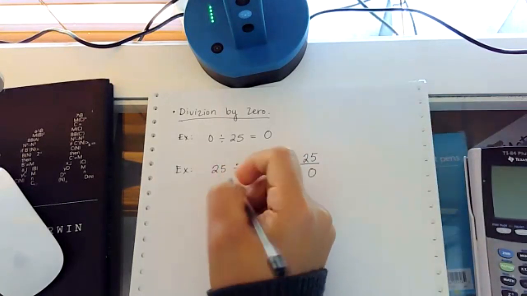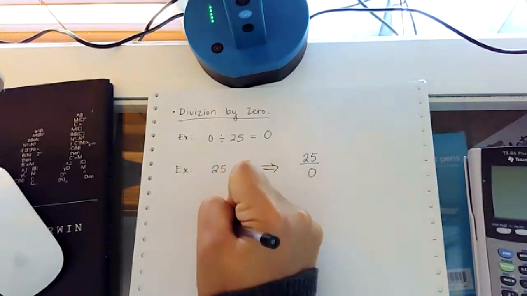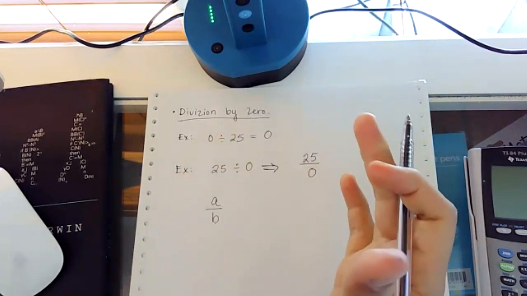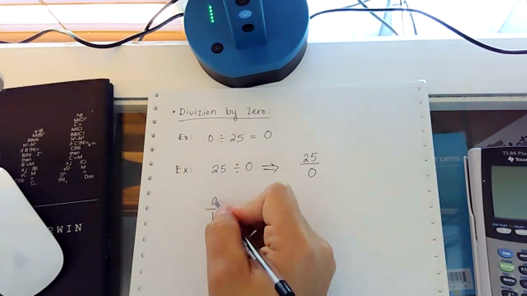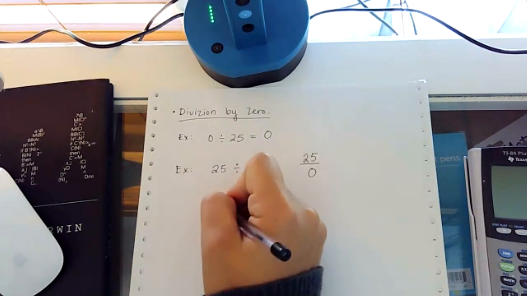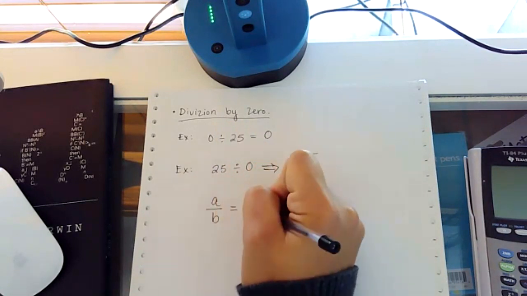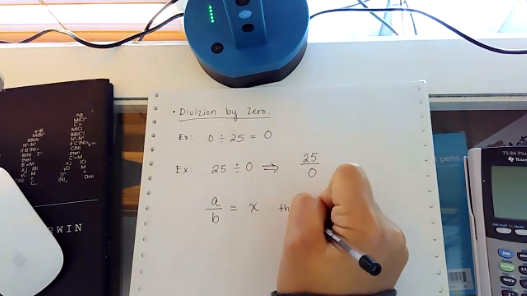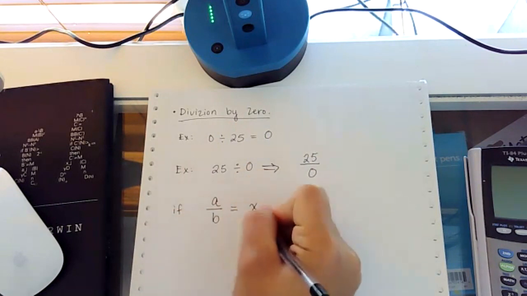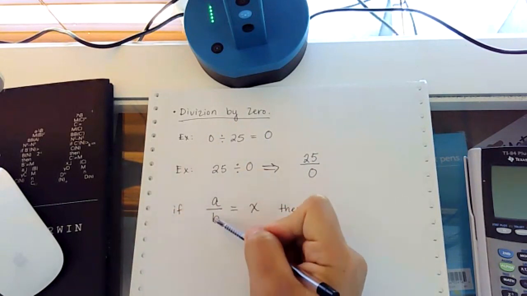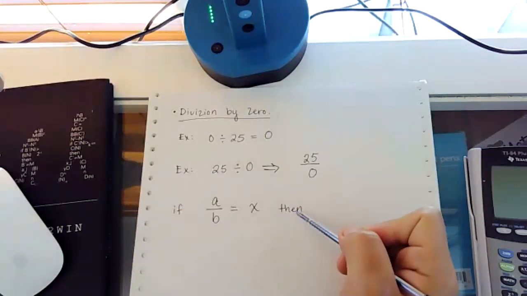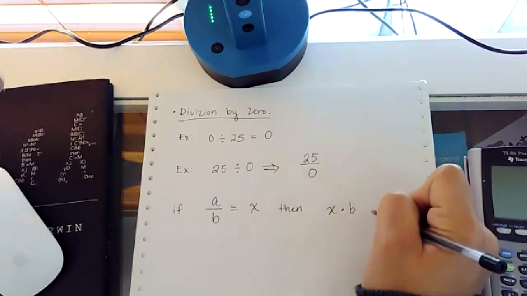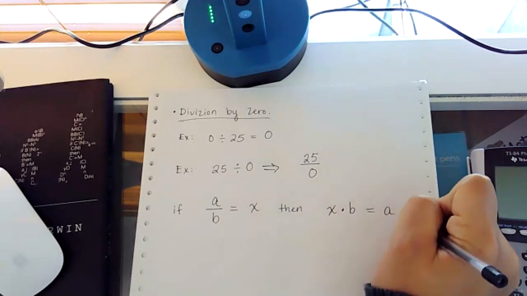But when we have, let's say, a over b, mathematicians think about division in terms of multiplication. So what this is telling you is that if a over b is equal to some number, let's call it x, then if a divided by b is equal to x, what I can do is take x times b and get a.